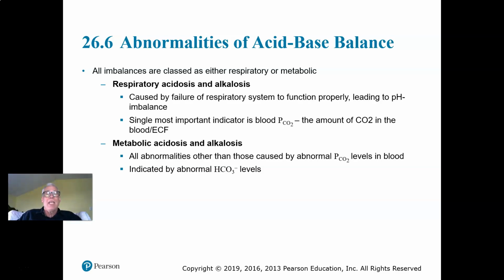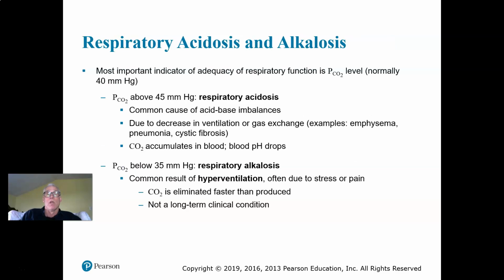And if any other problem causes the imbalance in pH, it's going to be called a metabolic acidosis or alkalosis. So, in the case of a respiratory acidosis, the respiratory system is regulated.